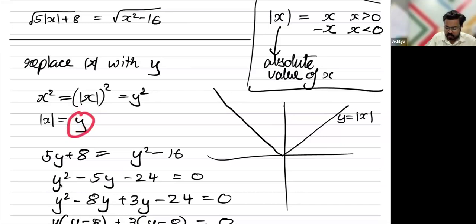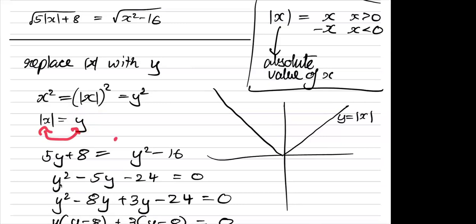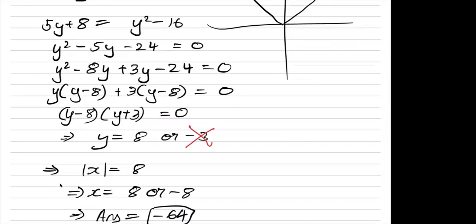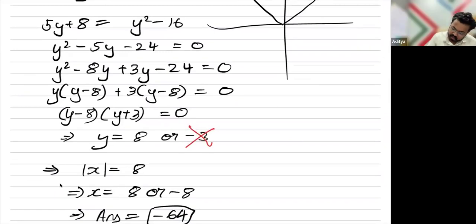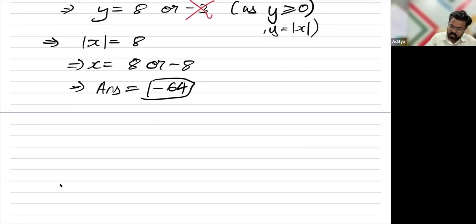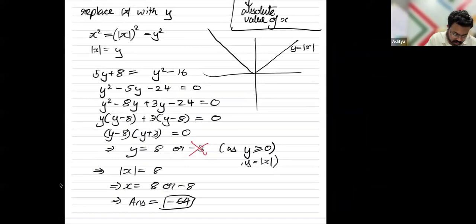Can y be a negative number from this definition? No, sir, it can't. Correct, it can't. So that's why this minus 3 is rejected, as y is greater than or equal to 0, y equal to the mod of x. Okay, so this is the answer.